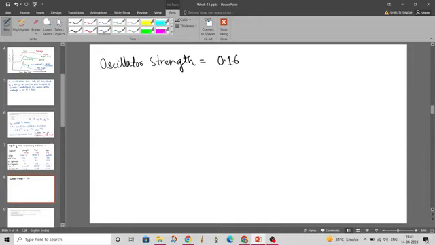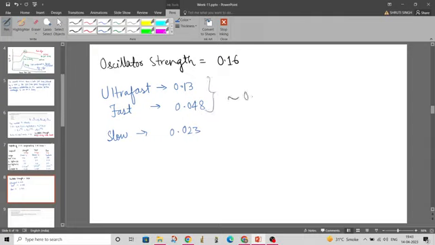Now for ultrafast we had 0.13, for fast 0.048, and for slow 0.023. So when you sum the ultrafast and the fast, it will come approximately at 0.16. So the absorbance band consists of the fast and the ultrafast component.